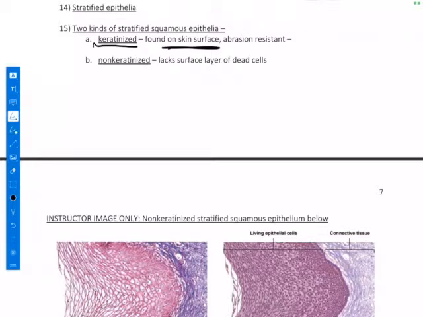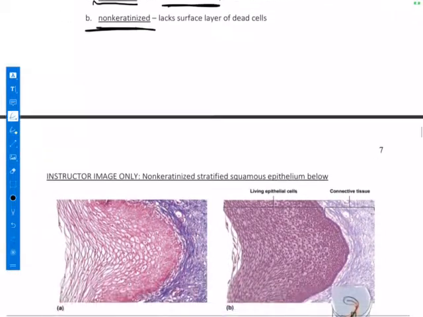A second type of stratified squamous epithelia would be non-keratinized, which is the type that's not on the surface of the skin. This doesn't have that outer surface layer of dead cells. This could be found in the vagina, for example, which has to be good at resisting abrasion.